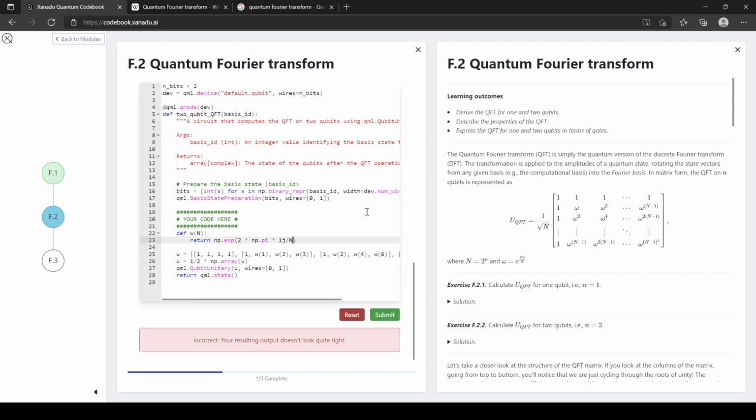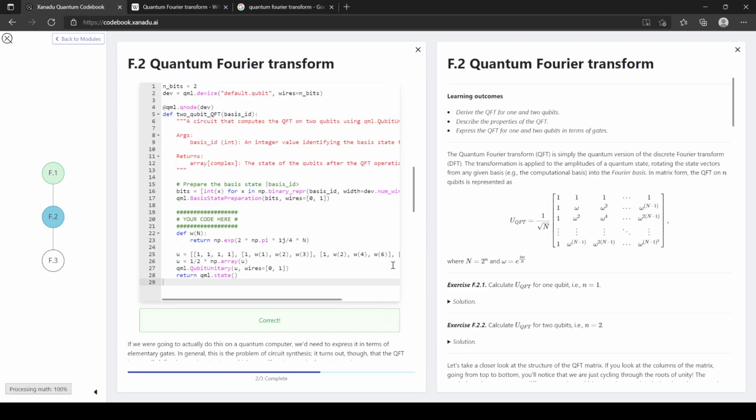Okay, I think this should be 4. Yeah, so the problem was W is the base case. I was changing this every time.